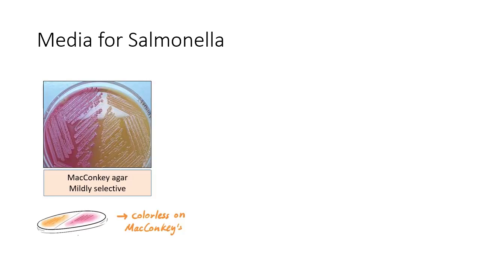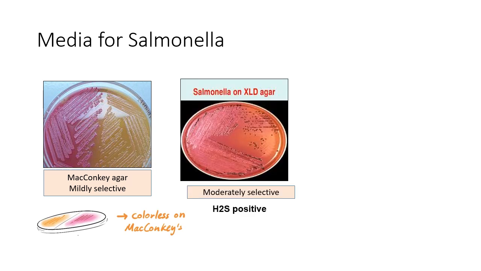Other media we can use for Salmonella are very easy to remember because they are similar to Shigella. For MacConkey agar, again, it will give you colorless colonies. So that's why we cannot distinguish it at this stage from Shigella. So we need another media, which is XLD.